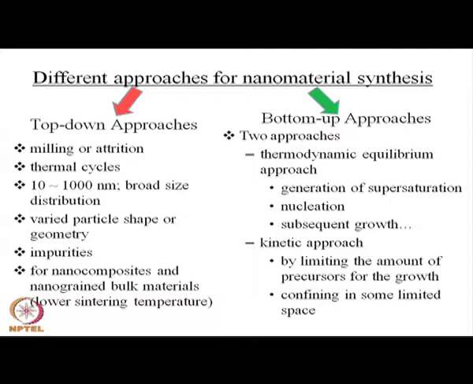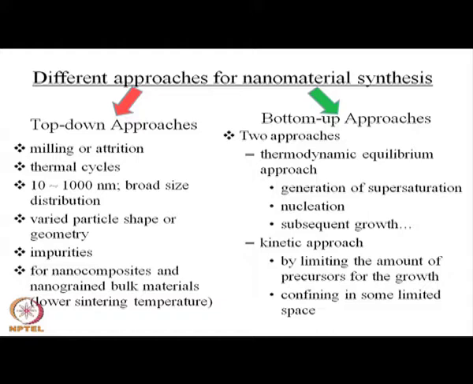For nanocomposites and nano grain bulk materials, they have lower sintering temperature, for lower formation temperature. So, the top down approach is basically, suppose you have a larger piece of material, say a piece of metal, and then you just do the grinding. Therefore, you will be getting the powder.